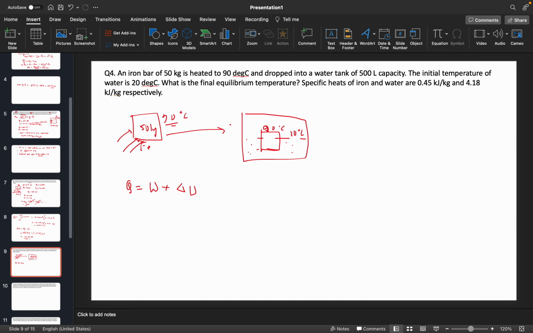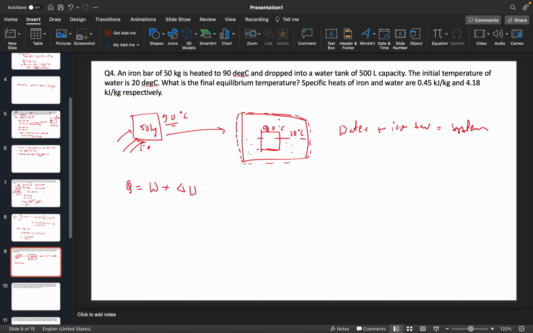Now we are considering this water plus iron bar as our system. Whenever we consider this as the system, this becomes our boundary, and I have already told you that heat and work are boundary phenomena.